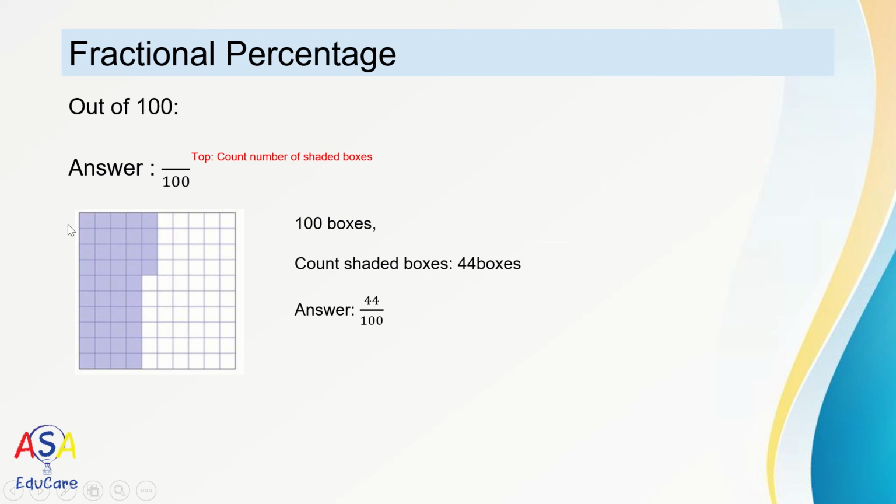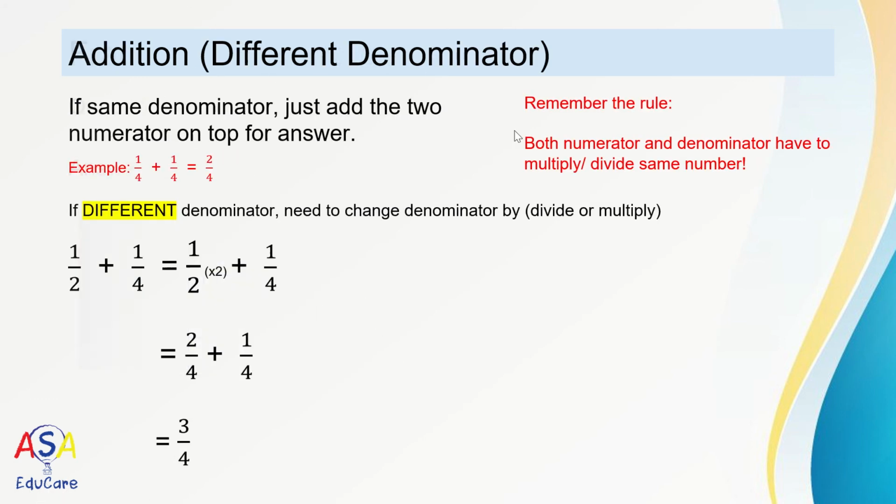So one example is here. These are the shaded ones, and this whole box actually equals 100. If you don't believe me, feel free to always count the boxes one by one. Okay, so here I counted already. The answer is 44. So shaded boxes, 44 out of 100 boxes. So 44 over 100. Fractional percentage.